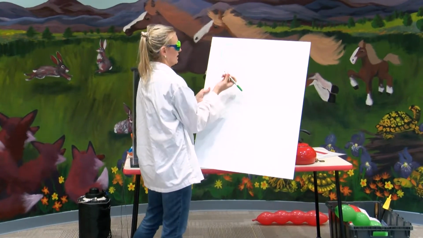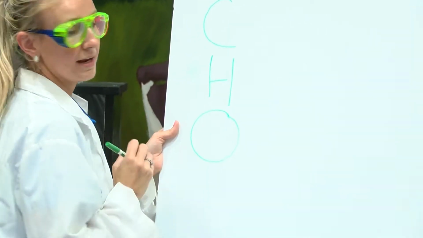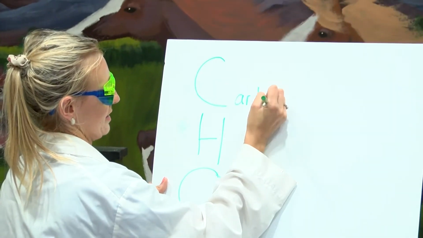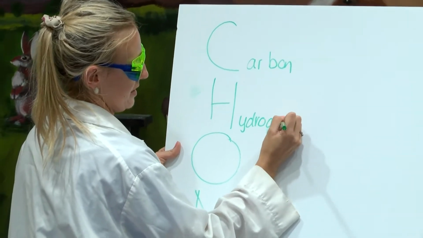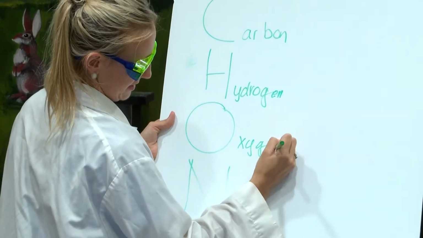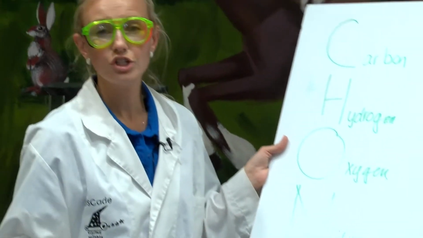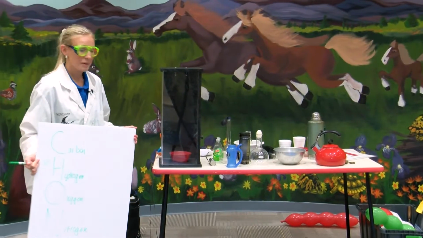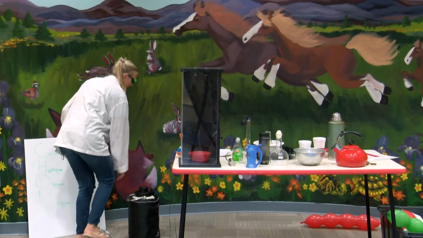So we have carbon, hydrogen, oxygen, nitrogen. So nitrogen is everywhere. It's in our bodies, and it's in the air, and it's even in space too. It's pretty neat. So what is liquid nitrogen?